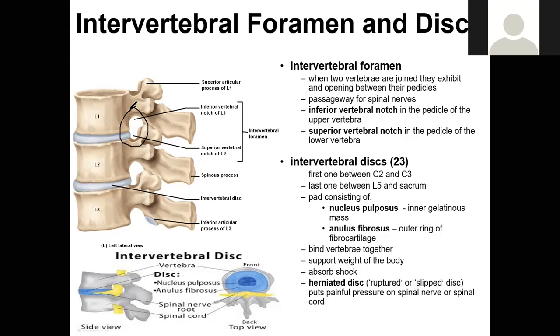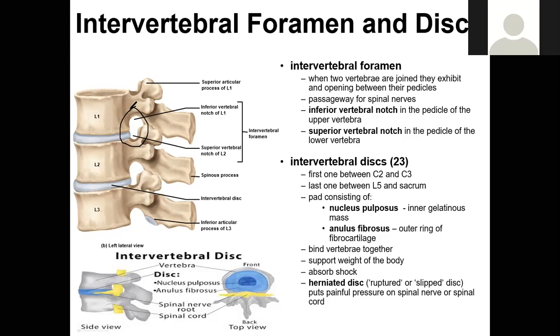So we would actually have to perform certain modalities or stretching or exercises to help them alleviate and get that space back. And we will talk about the movements soon on how to get rid of the pain when somebody has a stenosis, or a narrowing, of the intervertebral foramen.